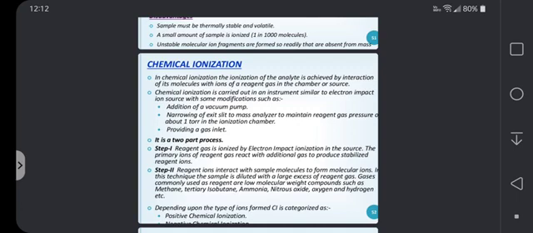Chemical ionization. In chemical ionization, the ionization of the analyte is achieved by interaction of its molecules with the ions of reagent gas in the chamber or source.